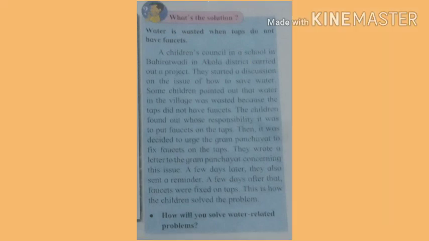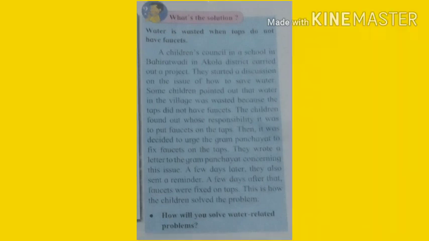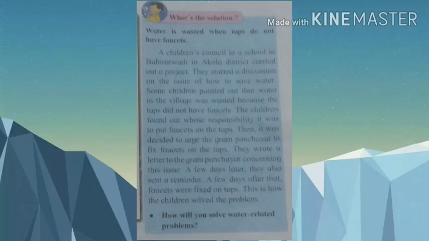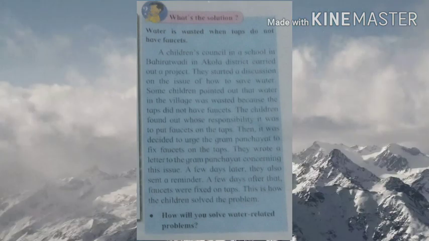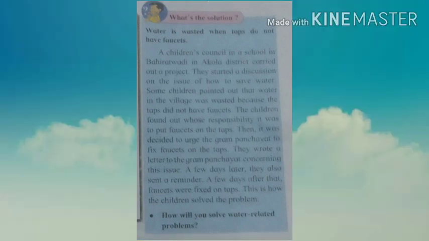The children found out whose responsibility it was to put nozzles on the taps. Then it was decided to urge the Gram Panchayat to fix nozzles on the taps. They wrote a letter to the Gram Panchayat concerning this issue. A few days later, they also sent a reminder. A few days after that, nozzles were fixed on the taps. This is how the children solved the problem.